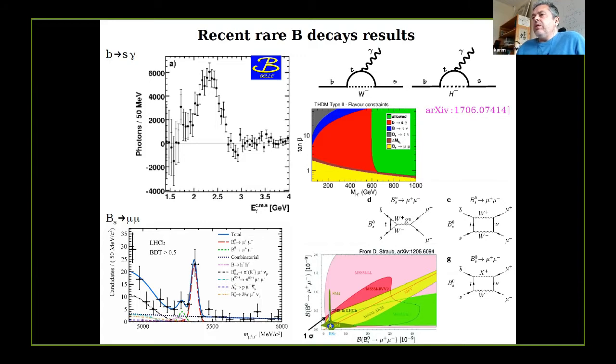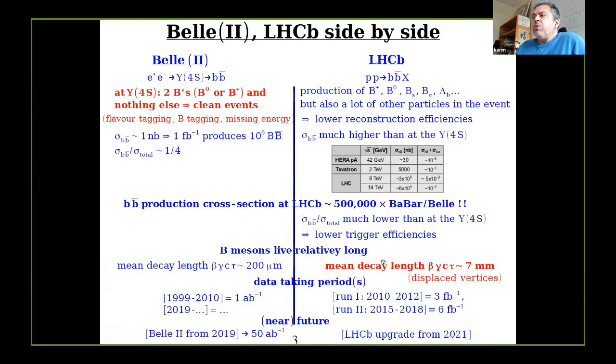And another typical example before going to B to S ll is in fact B_s to mu mu. I use it here as an introduction to fulfilling all the requirements of a powerful rare B decay, or in this case rare B_s decays.